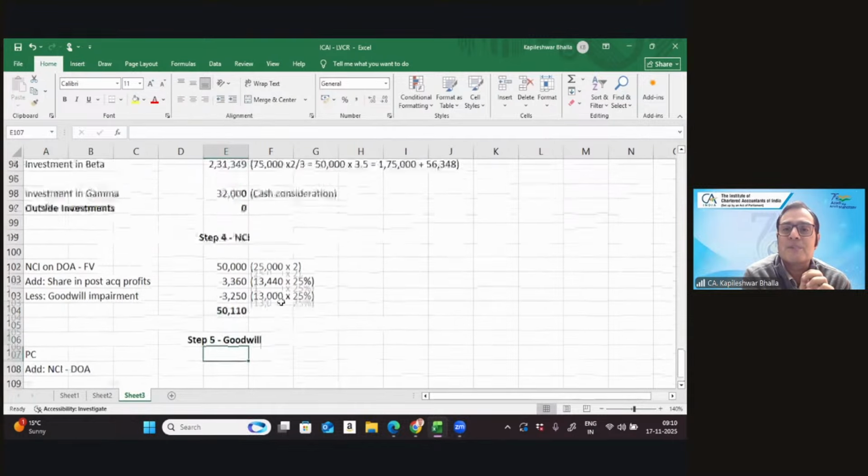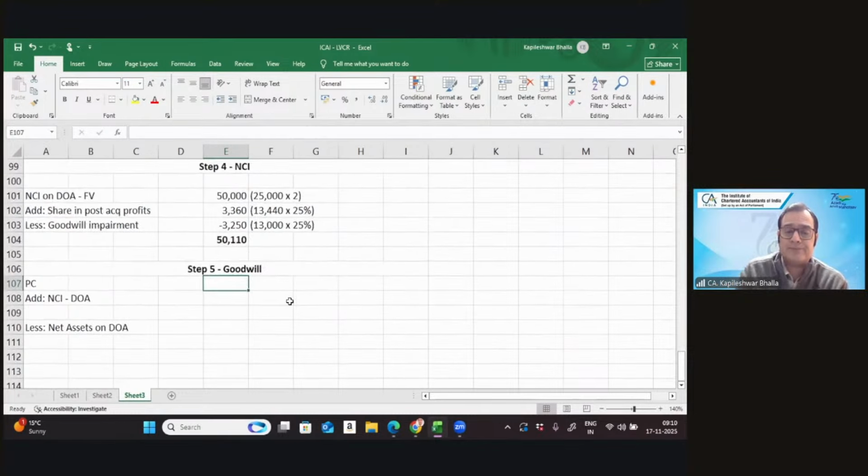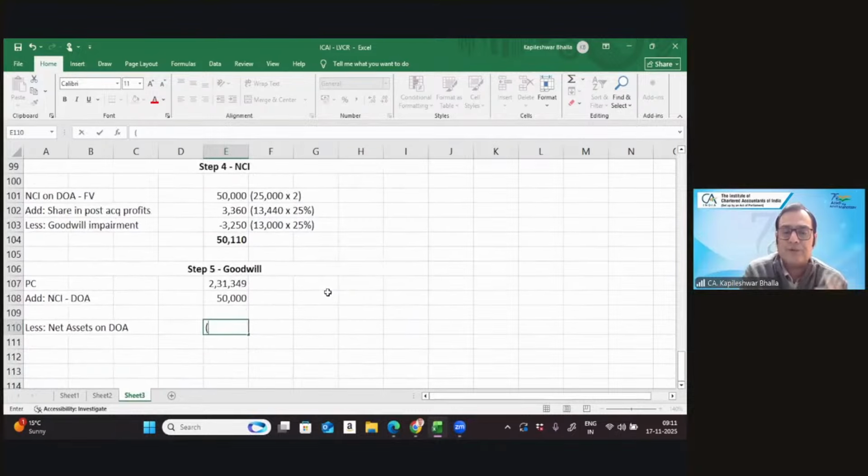What was the PC? 231,349. And the NCI on the date of acquisition is 50,000, taken above. And what was the net assets in step number 2A? 190,400. Okay, so this gives me the goodwill.